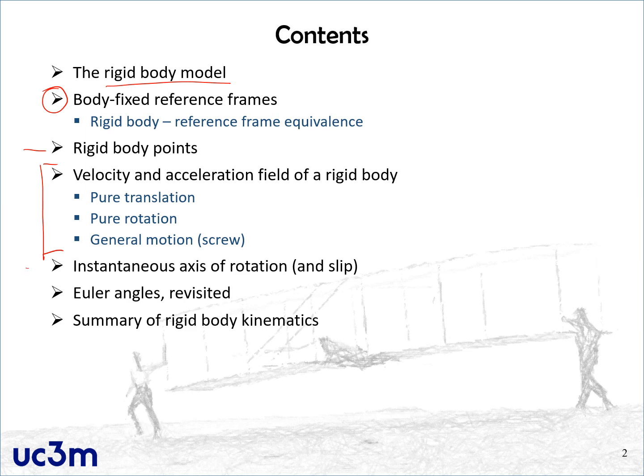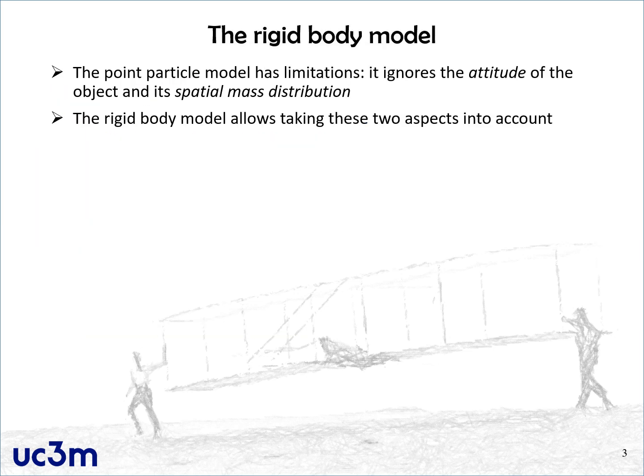Associated to that, we have the concept of the instantaneous axis of rotation and slip that we will see. Finally, we will close the lecture by revisiting Euler angles and with a summary of the main aspects of rigid body kinematics. Okay, so let us get started.